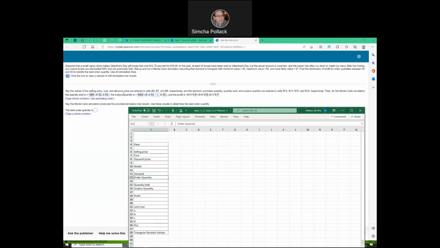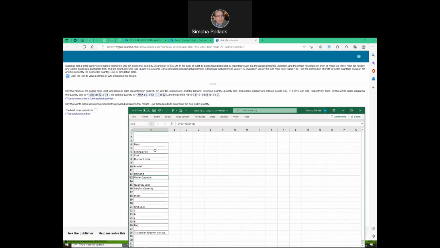The surplus is all that you didn't sell. You take the order quantity, take away the demand, and that's going to be your leftover. Let's say you made 90, but you only have a demand of 80. So 90 minus 80 is 10. So it's going to be B13 minus B12.